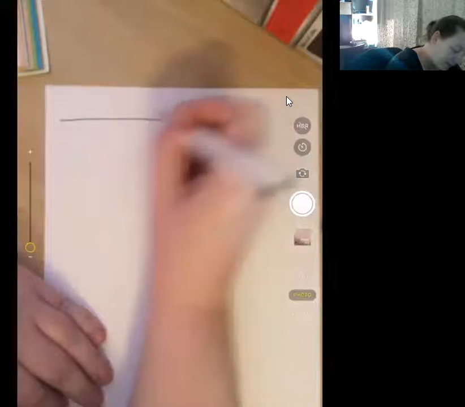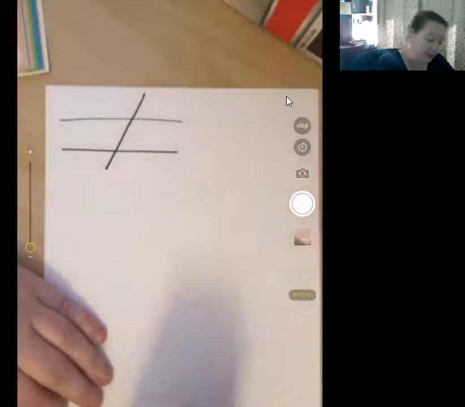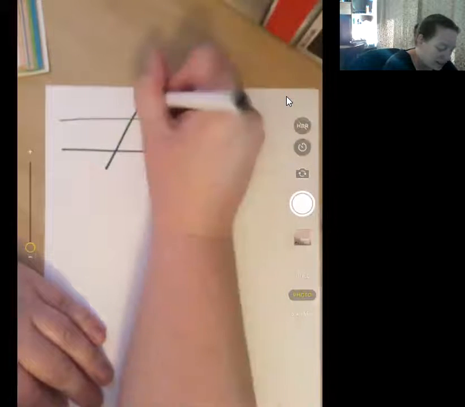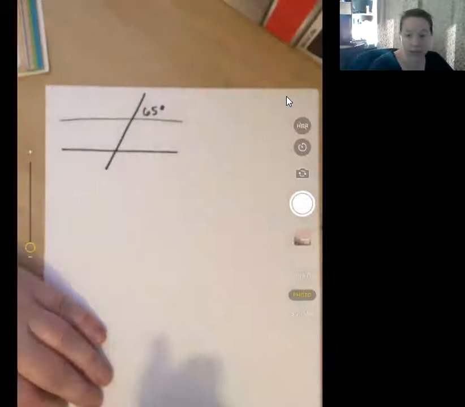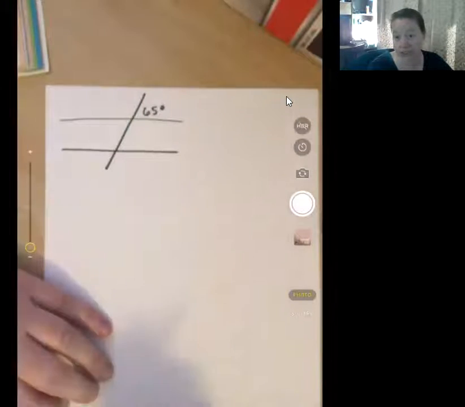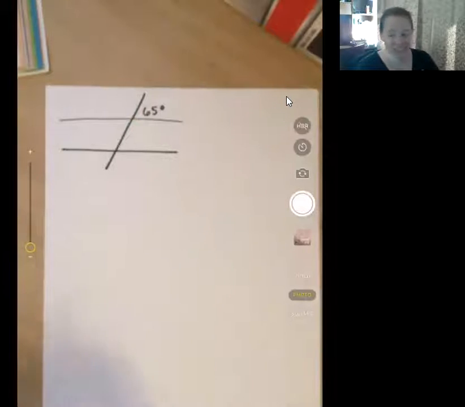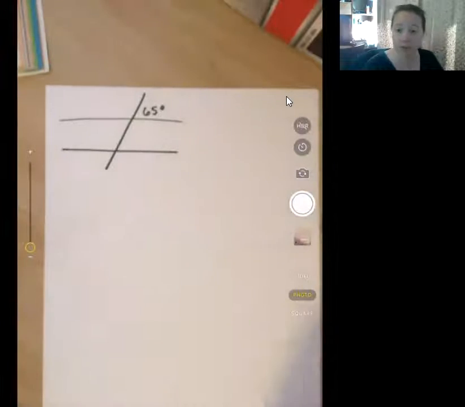When I have been given this, and all that I have been told is that this is, let's say, 65 degrees. Okay, that's all I know. I already know several things because of the corresponding angles.